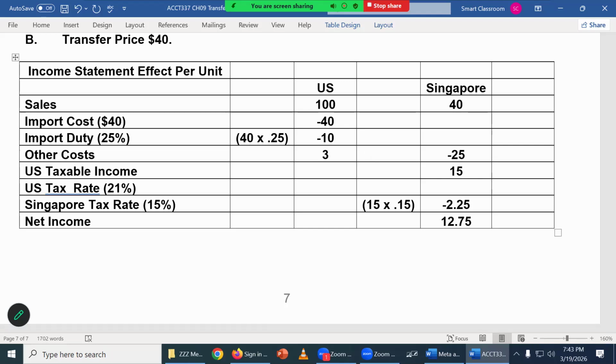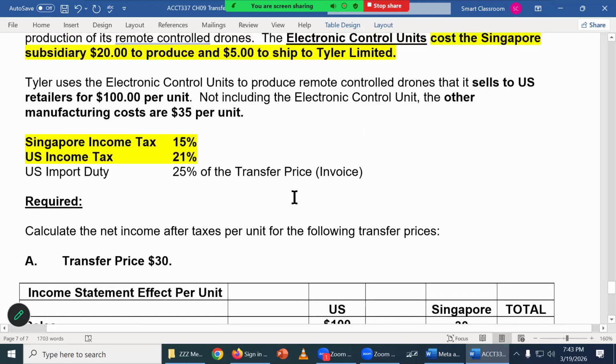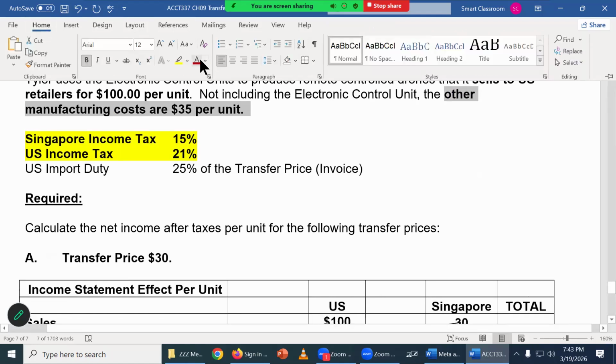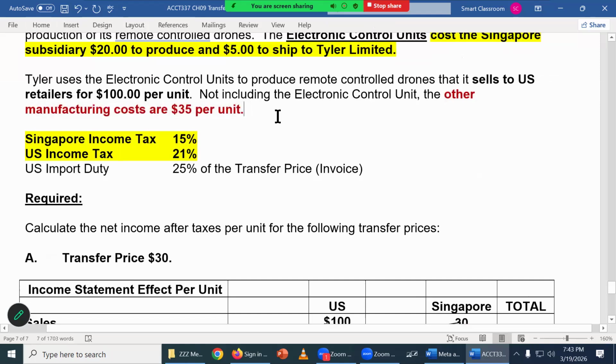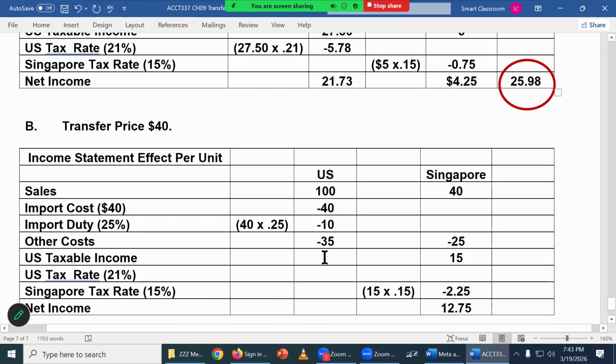Other costs are 35, and it's a negative here because the other costs are. US taxable income is, is it 15 also?